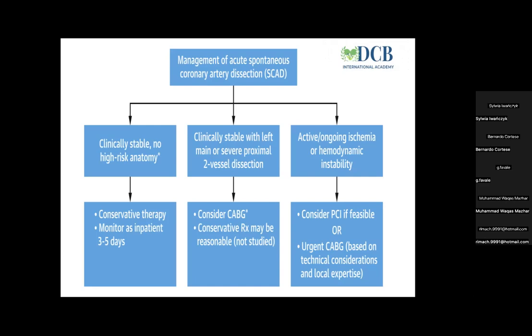Even if it's a left main dissection? Yeah, mostly if it's left main dissection. Okay. On the other hand, activating a CABG usually takes 2 to 3 hours, and a left main with a dissection and a small lumen can be risky.